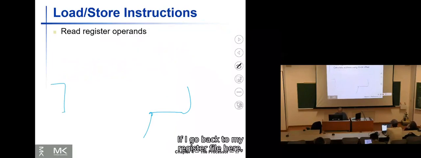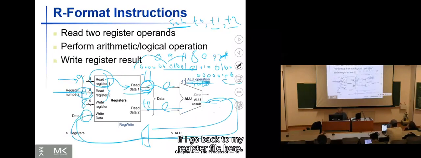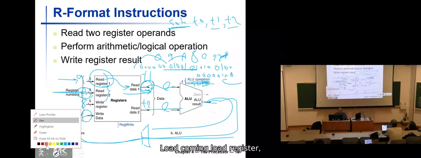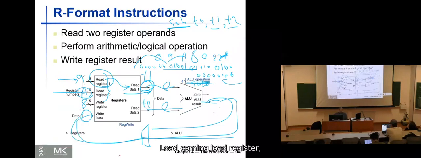If I go back to my register file here, let's write it for load. For load, we have a register coming, the load register. So we don't read from the register. We just get the register from the register file for the base address.